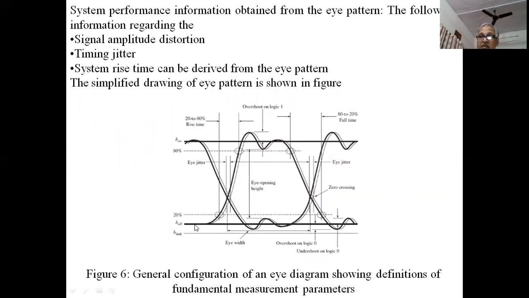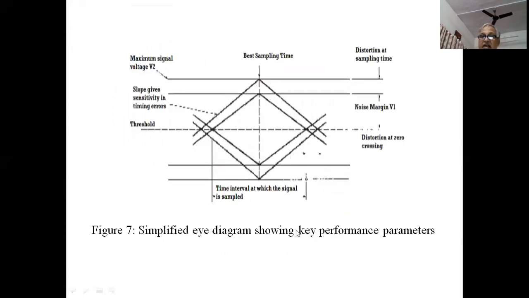When we observe the time at 20% to 80%, the difference between the times is known as the rise time, and similarly when the amplitude reduces from 80% to 20%, this time is known as the fall time. This is the simplified eye diagram.